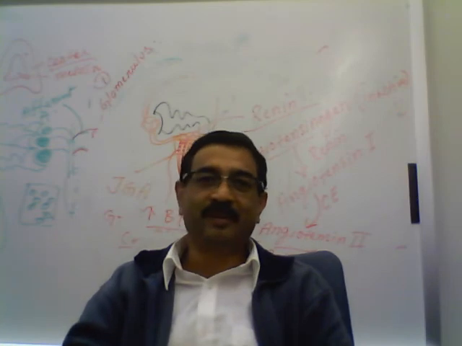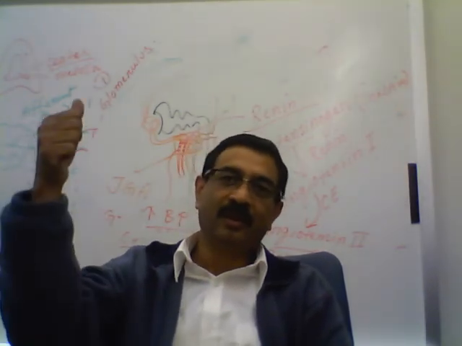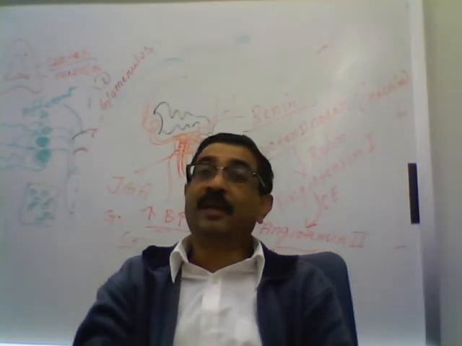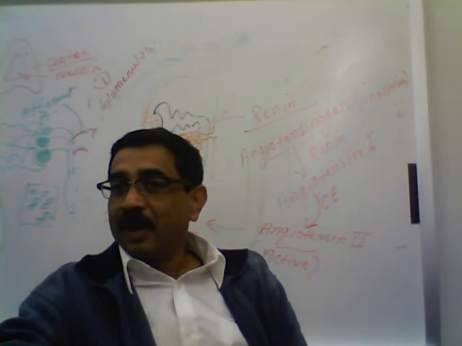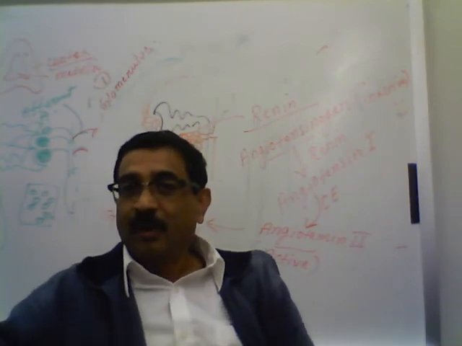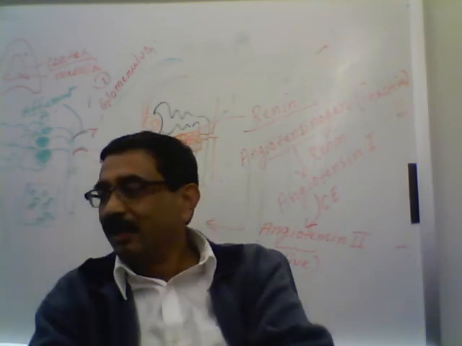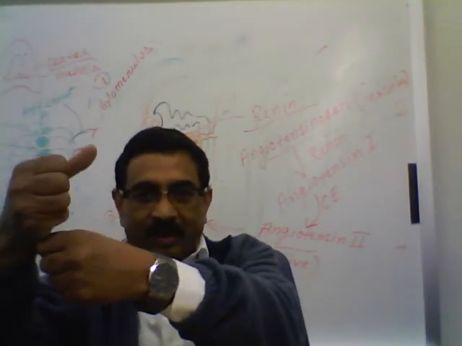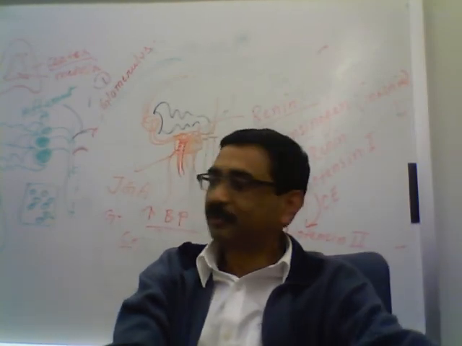So what will happen? The volume of blood and the pressure will go up. So angiotensin 2 works in different ways, but all those ways are to increase the blood pressure, either by vasoconstriction or by increasing the blood volume. Make sense? Right. Question. Yes.